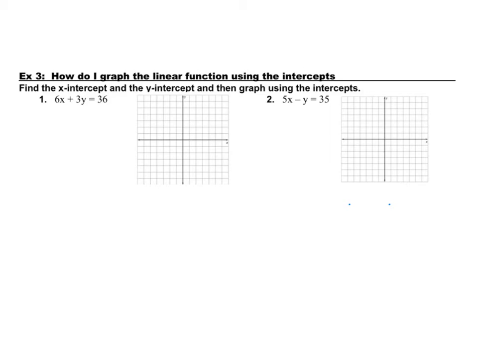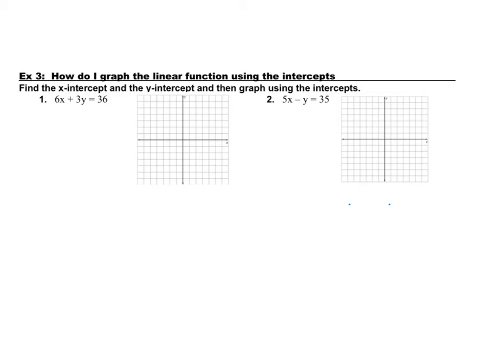All right, so now we need to look at this equation, 6x plus 3y is equal to 36. And we need to determine where it's going to cross the x-axis and the y-axis. Remember what we mentioned before about the x-intercept and the y-intercept: when we had the x-intercept, the y-coordinate was 0.